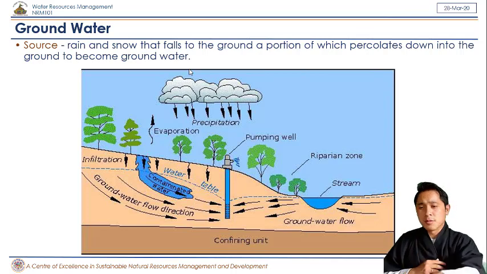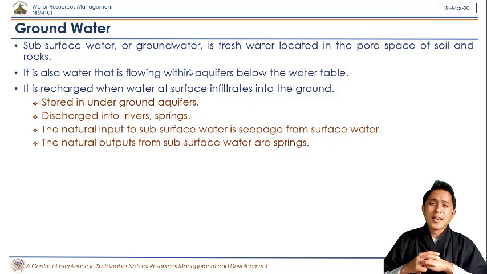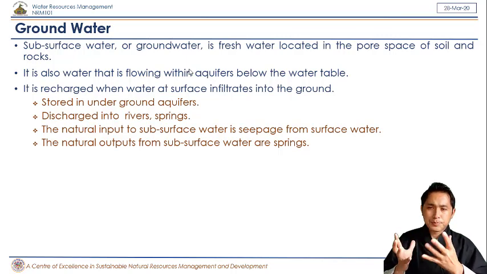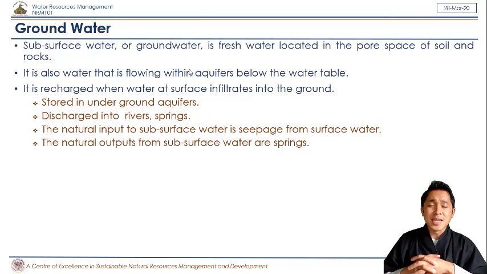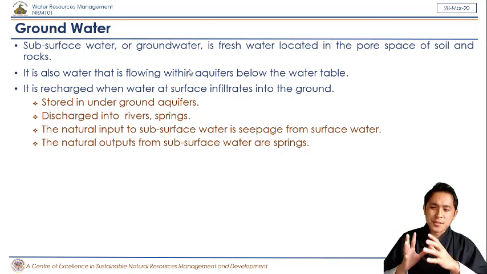So that's about groundwater. And again, this slide just tries to explain that natural replenishment of groundwater happens from rain and snow, and percolation of this rain and snow on the surface.